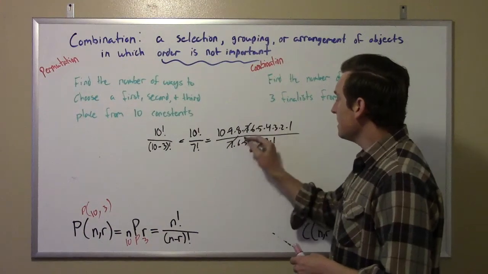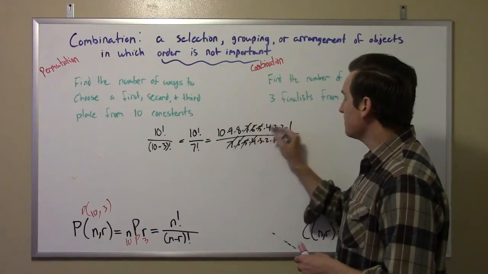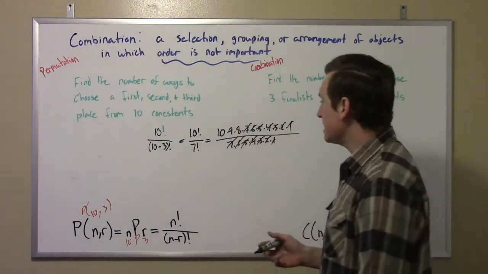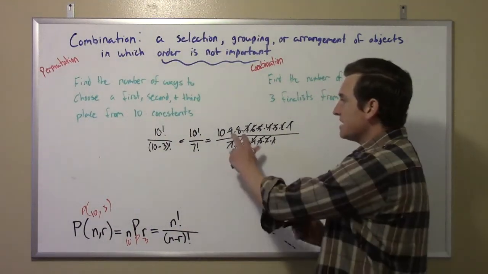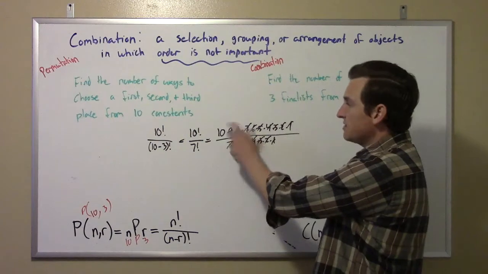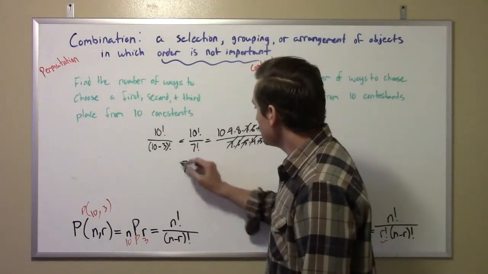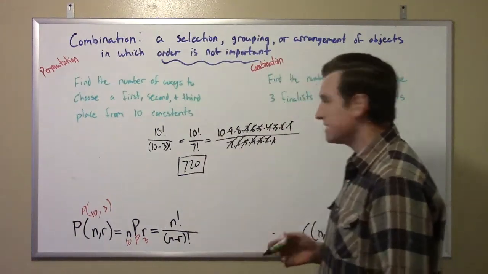So we're going to cancel out the stuff we see on the top and the bottom. And really we just have 10 times 9 times 8. Well, 9 times 8 is 72, and then 72 times 10 would be 720. So there's 720 ways for this to happen.